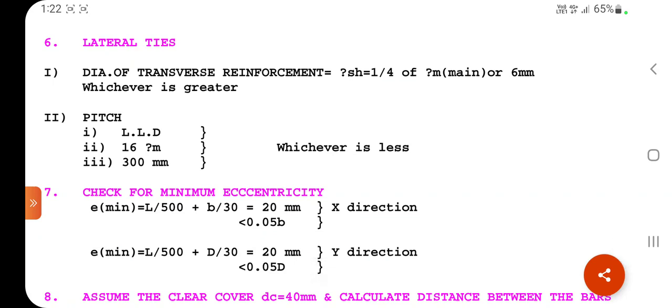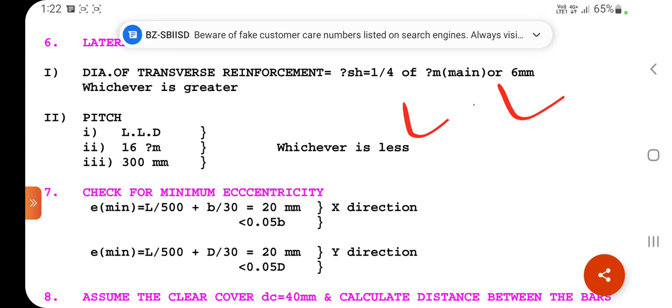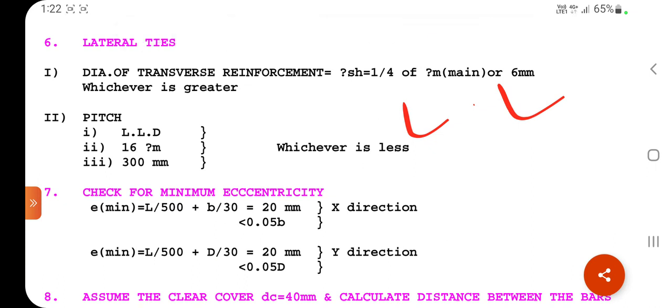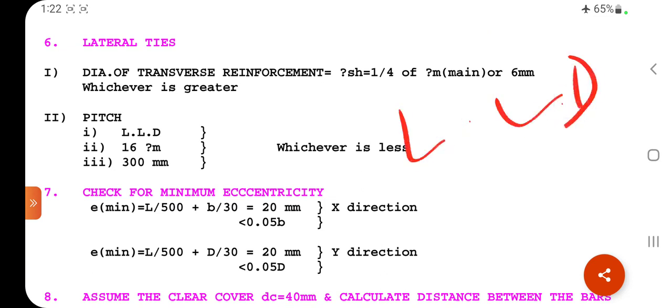Now we have to decide what is the distance for the pitch. The first is equal to the least lateral dimension. What is this least lateral dimension? It is nothing but the minimum width of the column.